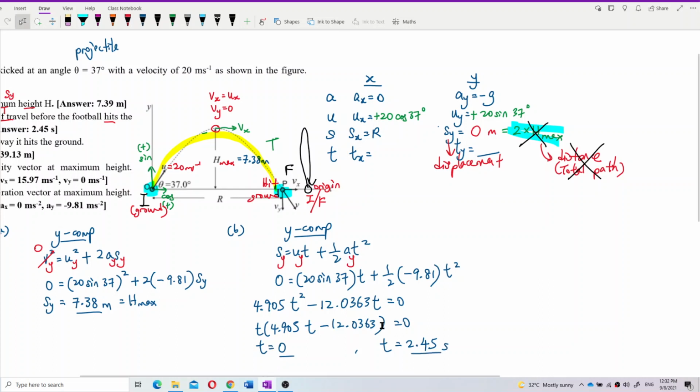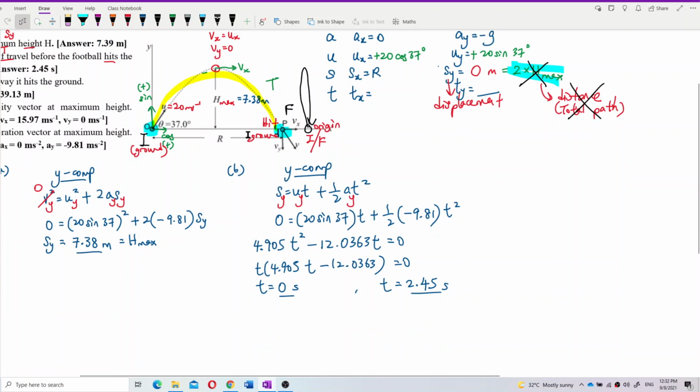So you see we've got two times here. The 0 second is the time when the ball is being thrown up, so it is on the ground twice.